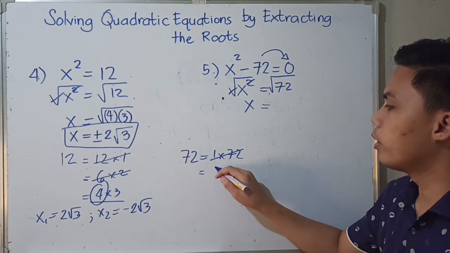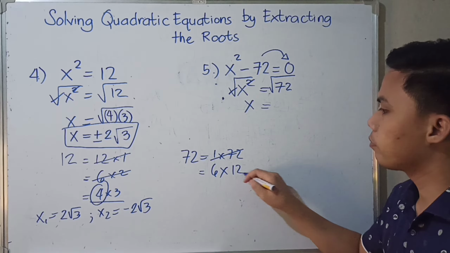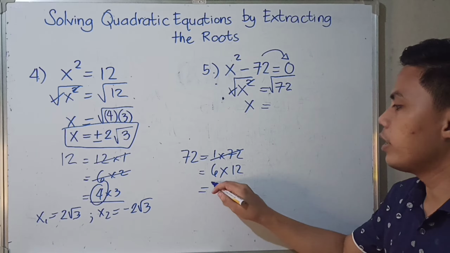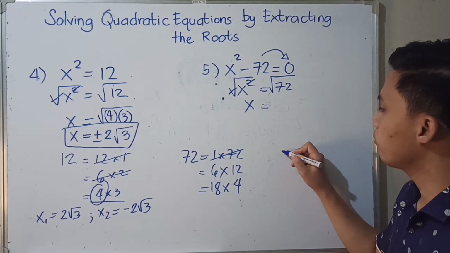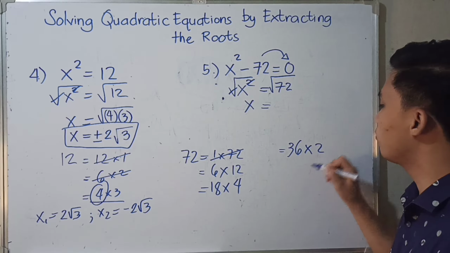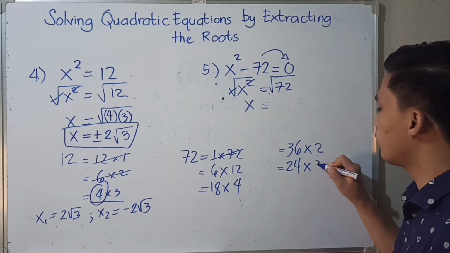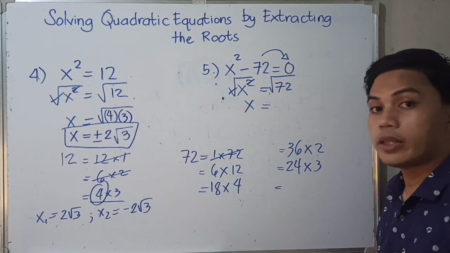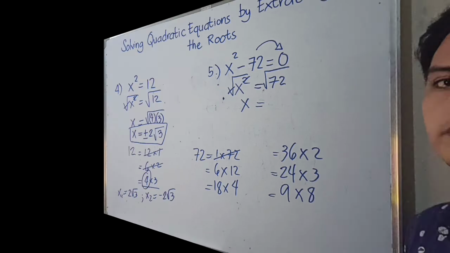How about 6 times 12? 18 times 4? 36 times 2? 24 times 3? At 9 times 8. Okay.